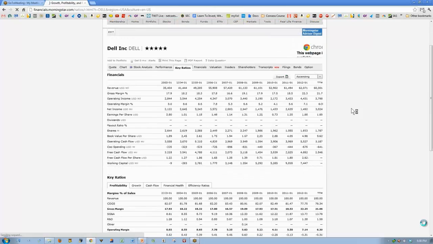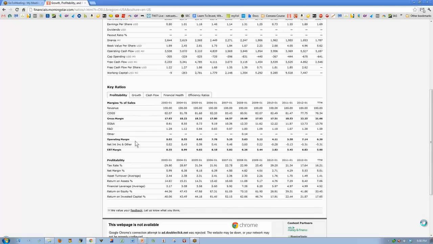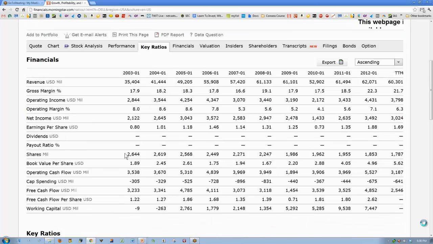Under key ratios, I get a little bit of the financials. There are my revenues, trailing 12 month. Here are my shares. If I go down to profitability, here's my net margin line for Dell. If I go to growth, I can look at my revenue growth averaged by 3 years, 5 years, 10 years, year over year.